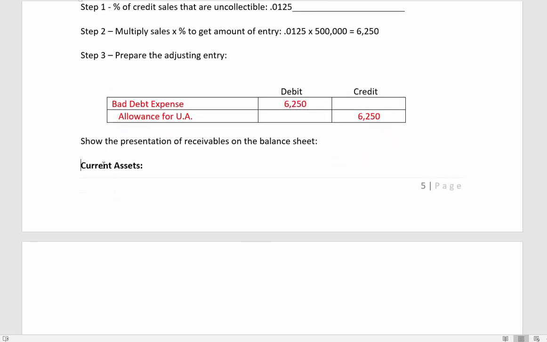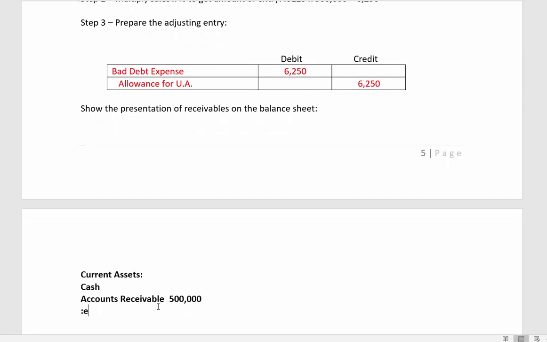Okay? All right, what do our receivables look like on our balance sheet? Again, remember, you're probably going to have some cash and some other current assets, and then we have accounts receivable. Our accounts receivable is 500,000, less the allowance.